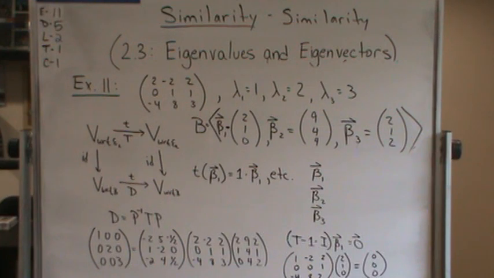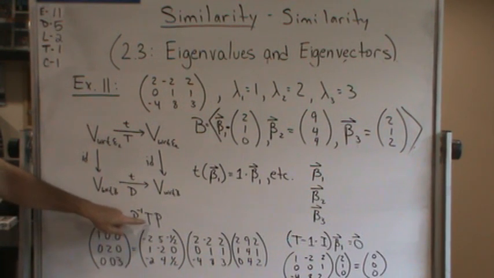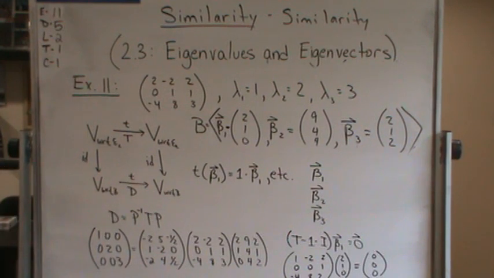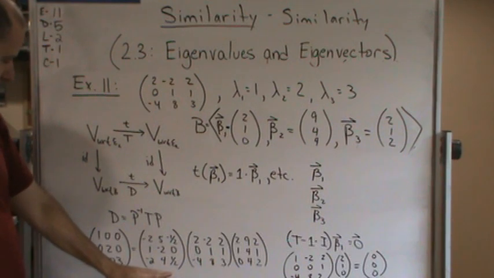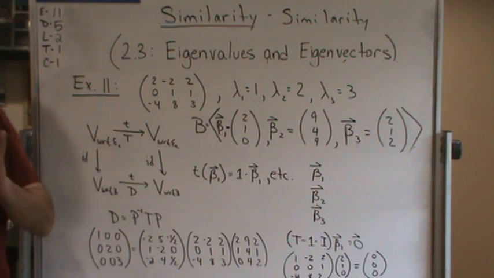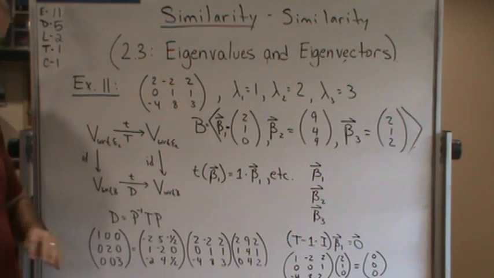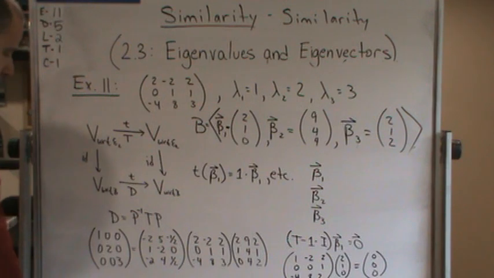Now the arrow diagram here gives this, right? So going back to this arrow diagram, it gives us that D is equal to P inverse TP, which is given by this here. We can find the P using the techniques we've learned before.